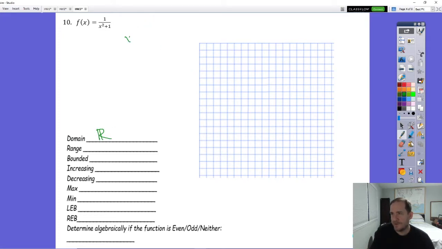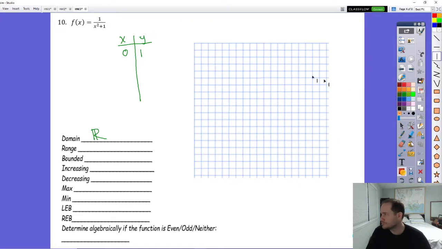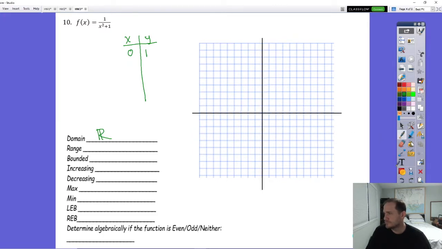And I guess we better do a little t-chart and just start examining how this graph behaves. 0 is going to give us 1. And if you plug in 2, you get a 5th. Why did I go to 2? I don't know.